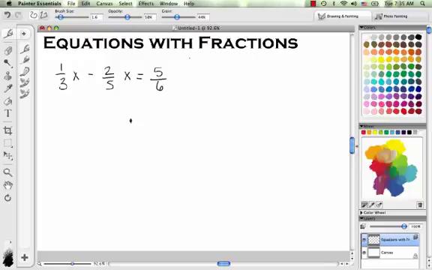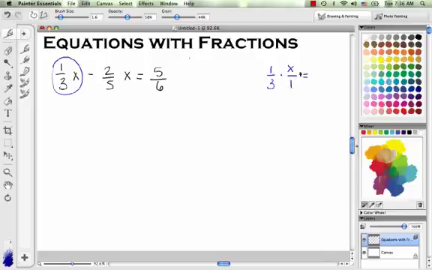Okay. I see something that we should probably attend to before we go ahead and get a common denominator. And that is that these x's are not really on their fractions. 1/3 times x is the same as multiplying 1/3 times x over 1 if I turn x into a fraction.